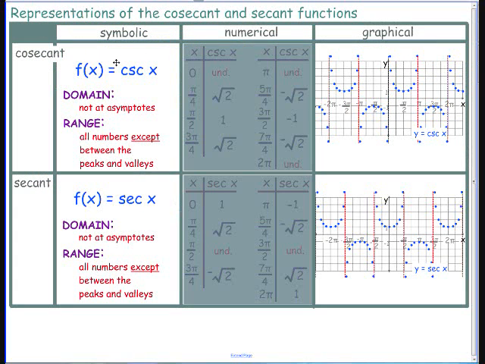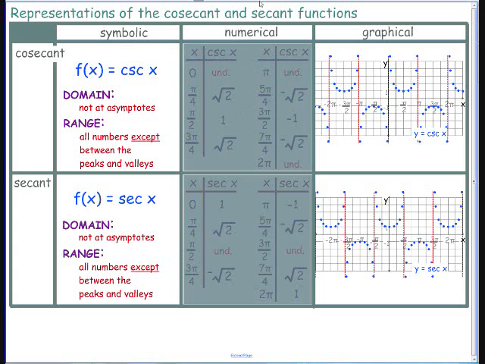Just to remind ourselves of domain and range for each of these. The domain for cosecant is everything except these asymptotes where y is going to 0. And the range, that's all numbers except those that have been consumed by sine.